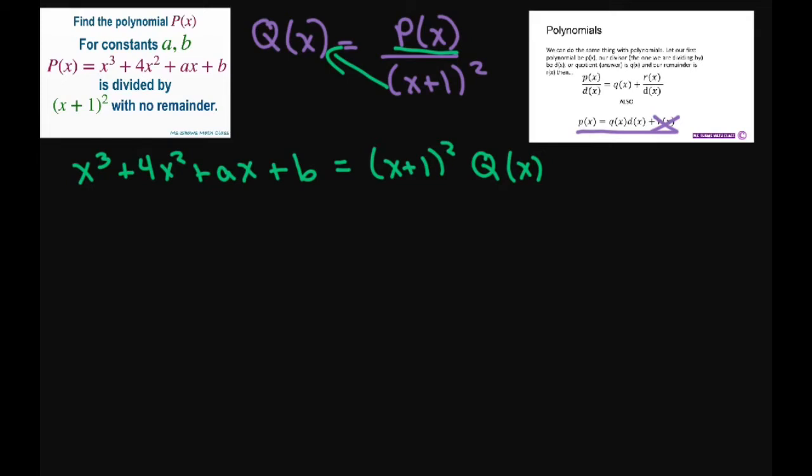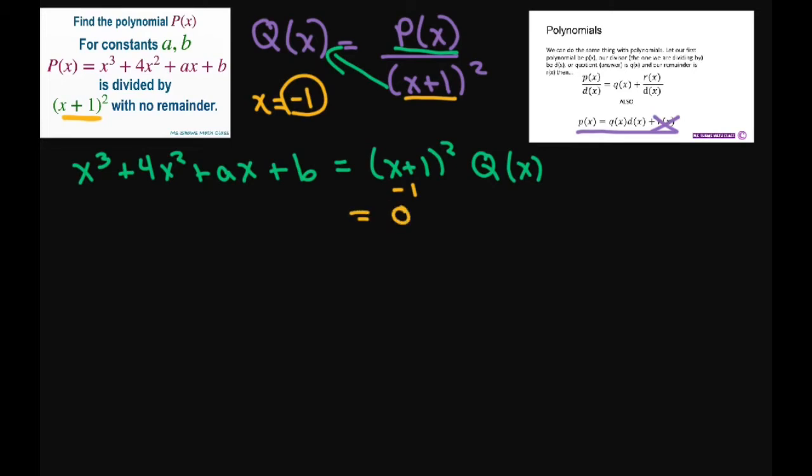From there, since this is a divisor, we have a real zero at x equals -1. So we're going to substitute in -1 here and set this to 0, because if I put in -1 here, this side is going to equal 0.